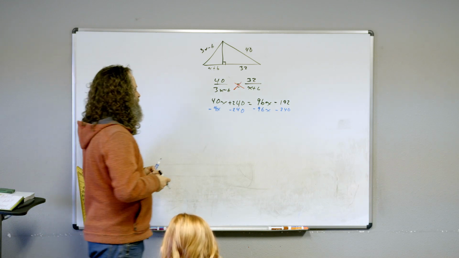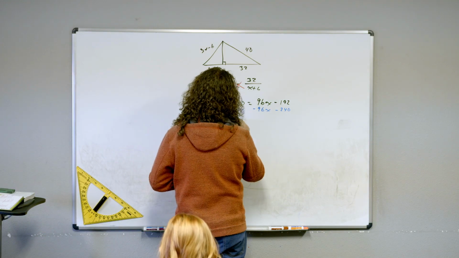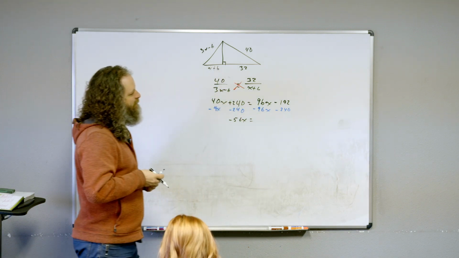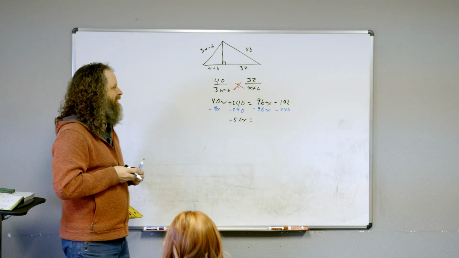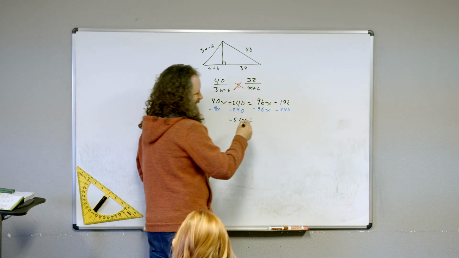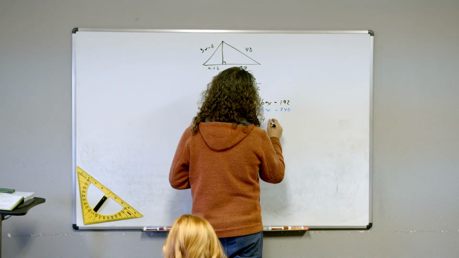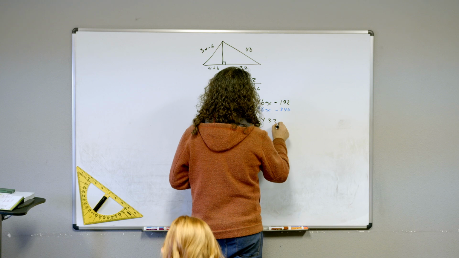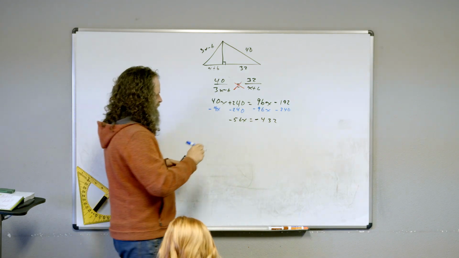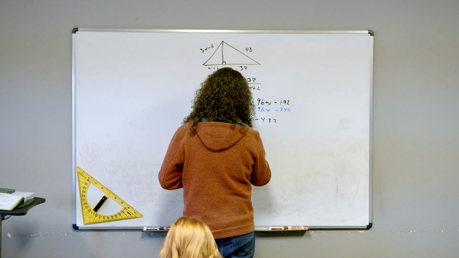Negative 56. What's negative 192 plus negative 240? Negative 432. Now what? Divided by negative 56.